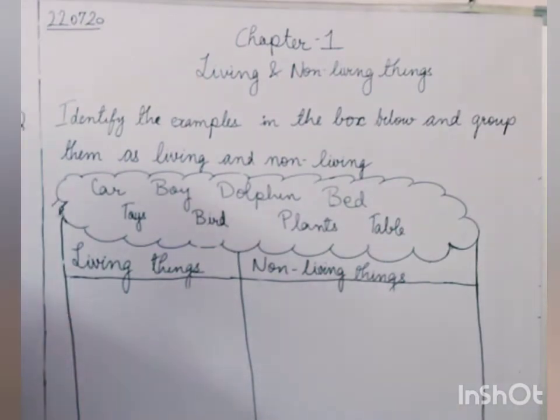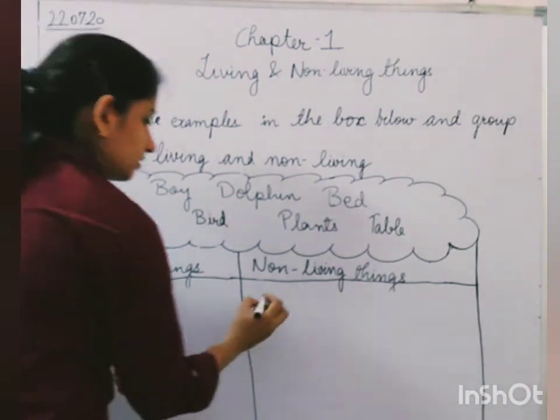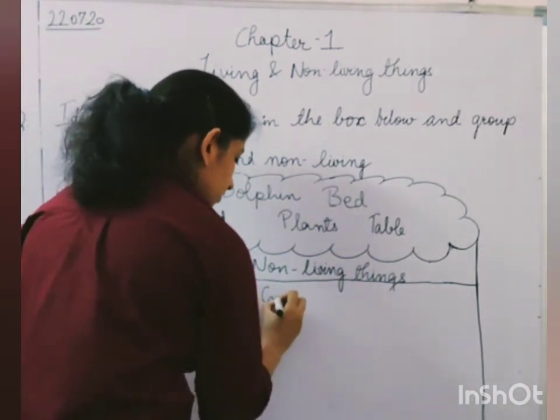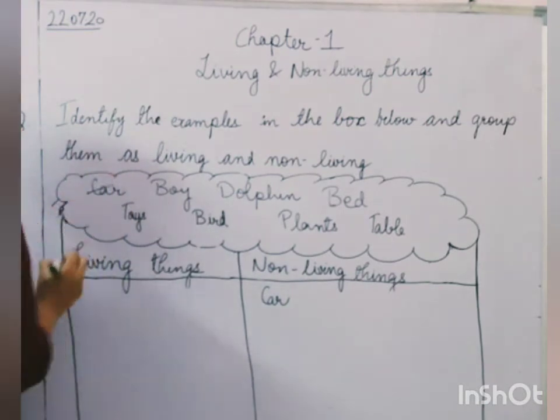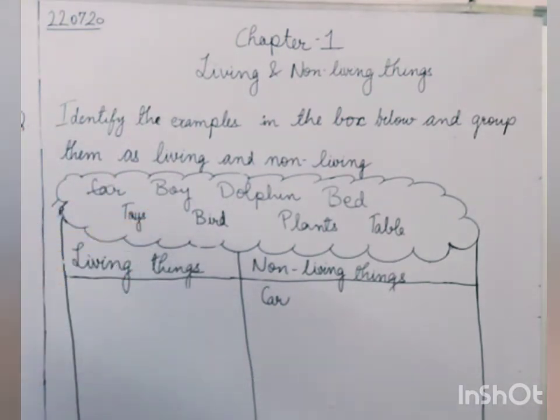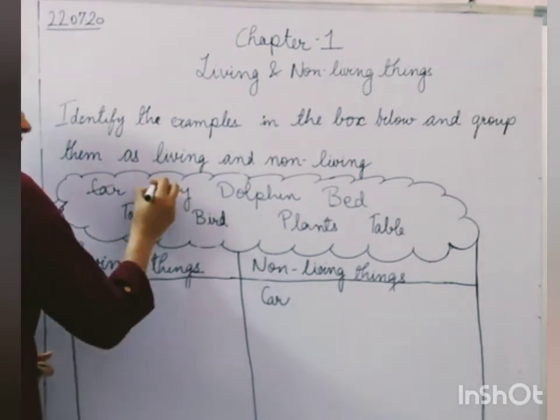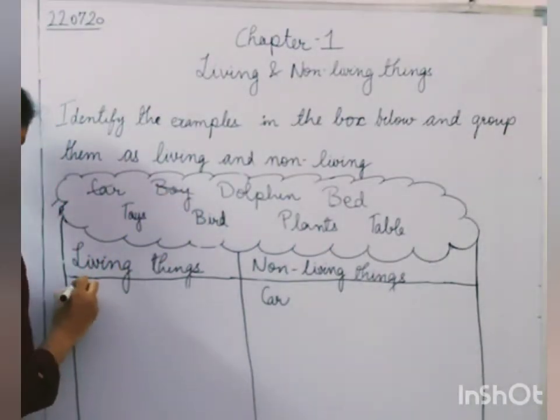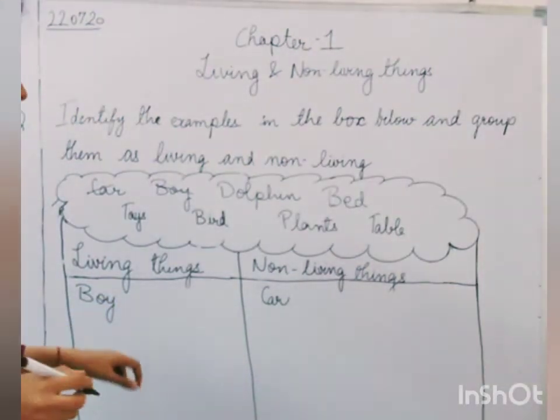The first one is car. Car is a living thing or a non-living thing? It's a non-living thing. So I write down here car. Next, boy. Boy is a living thing or a non-living thing? Boy is a living thing. Be it a boy, be it a girl, they are all living things.